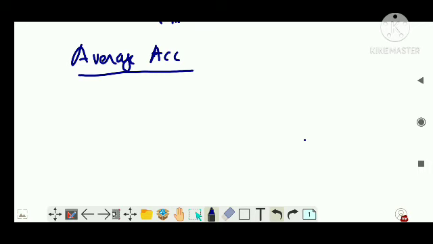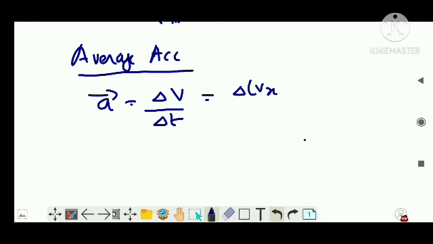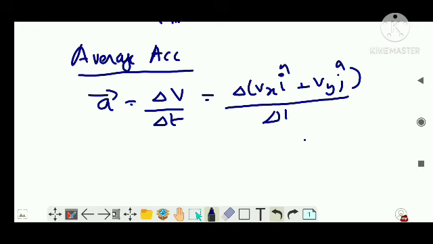So average acceleration, what is its definition? Ratio of change in velocity of a body to time taken, right? So I would write it as ratio of change in velocity by time taken. This is how you write. Or I can write this as delta Vx i cap plus Vy j cap, divided by delta t.